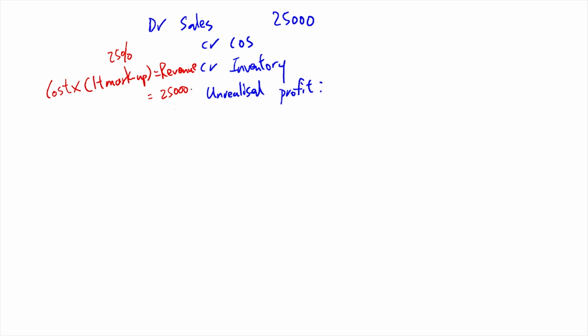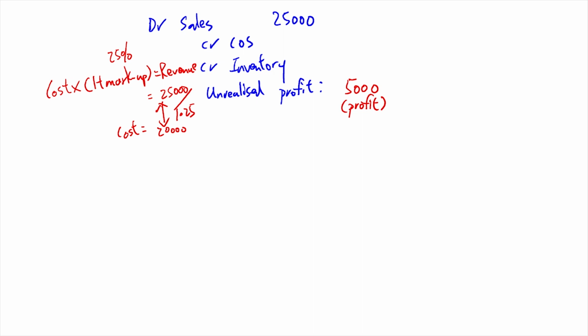So if you use 25,000 divided by 1.25, you'll find out that the cost is going to be 20,000. And this is important information, because after we compare the cost and the revenue, we'll notice that the profit of that transaction would be $5,000. That would be the original profit.